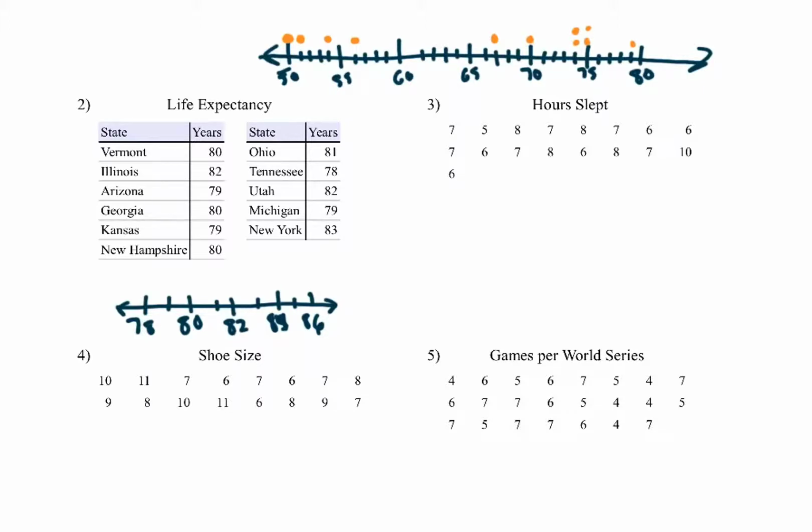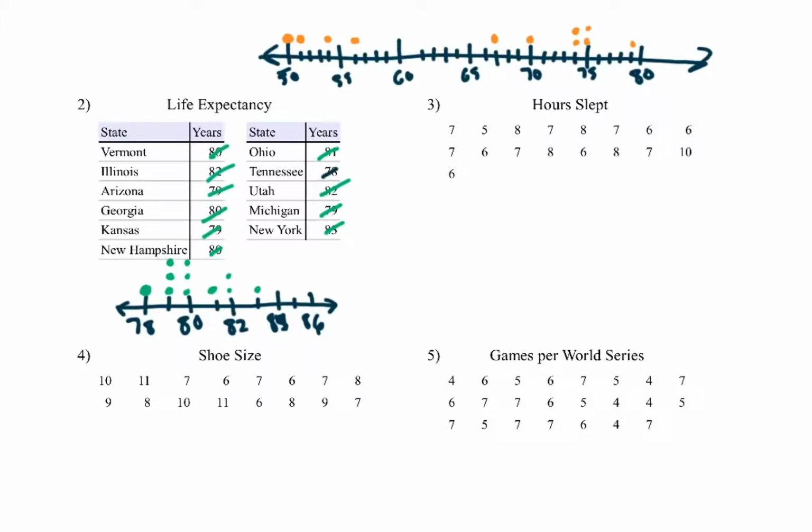Okay, so at 78 we have 1. At 79 we have 3. At 80 we have 3. 81, 2 82s, and then 83.